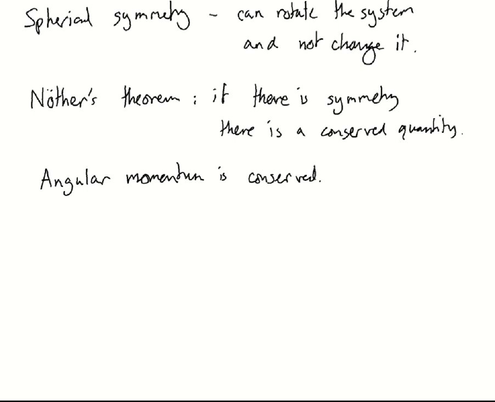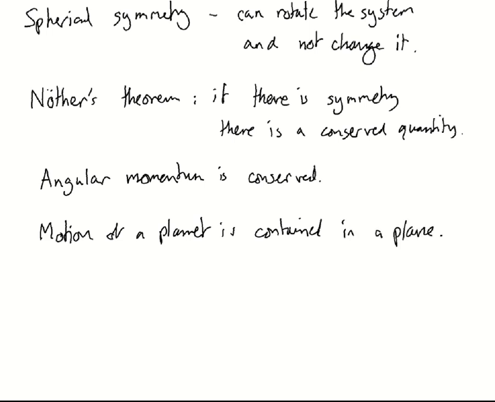And if its direction is conserved, then it means that the motion of a planet is contained in a plane. That means it doesn't go whizzing about in all three dimensions. It's stuck in a plane.